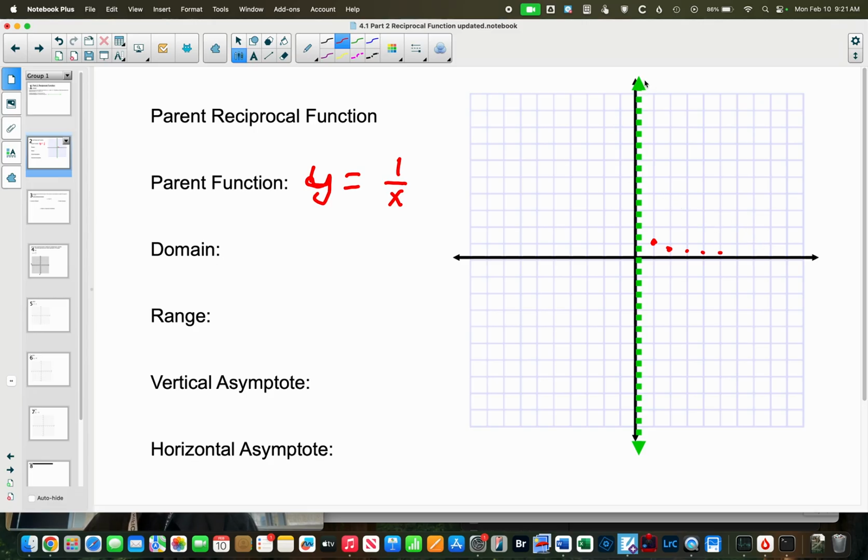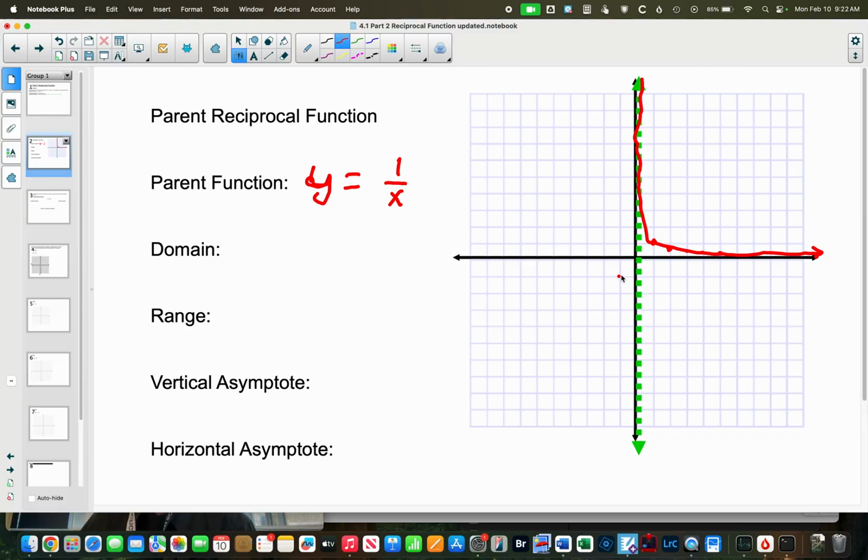So your graph, I'm trying to do this the best I can. It's not bad. It will curve down like that, but it will definitely go through the point (1, 1). Let's talk about negatives. If I divide by -1, 1 divided by -1 would be -1.